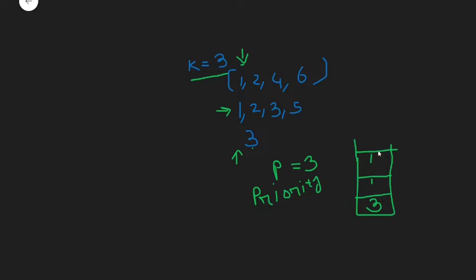So we can see that this one is the minimum one, right? And it is present in the topmost, in the front of the queue, right? So we need to have a head, right?